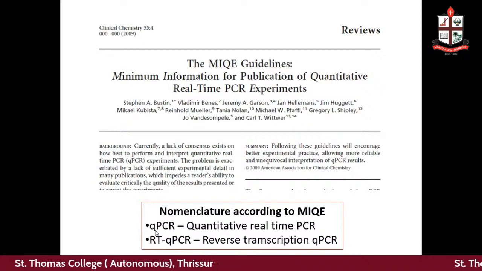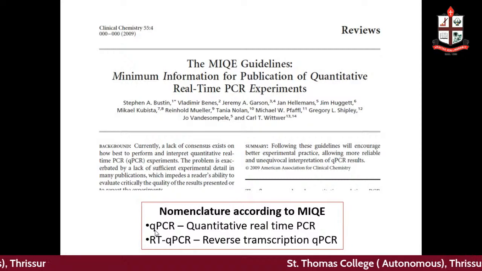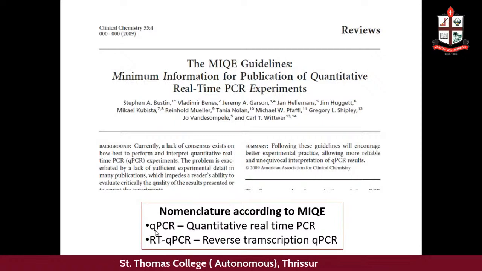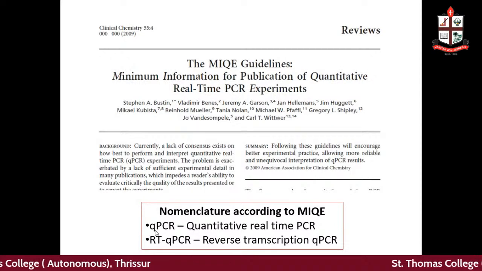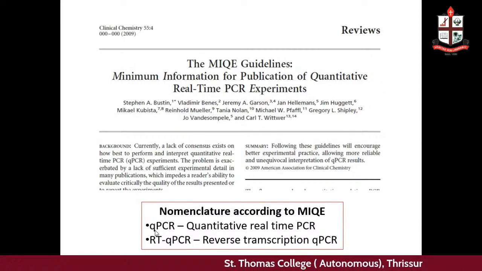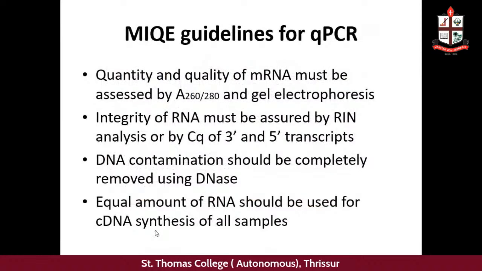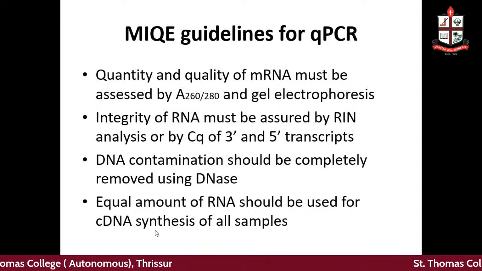And if you are using RNA, then that becomes RT-qPCR, that is reverse transcription quantitative PCR. So if you are using real-time PCR and your template is RNA, then it will be RT-qPCR. So these are the standard terminologies, and I will discuss some of the important aspects of MIQE guidelines for qPCR.